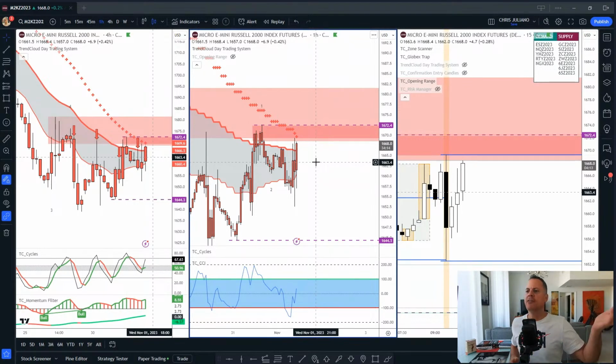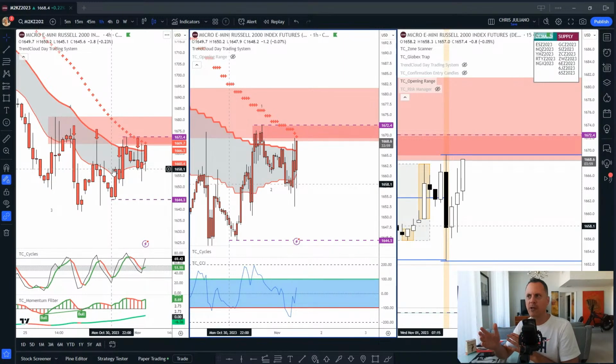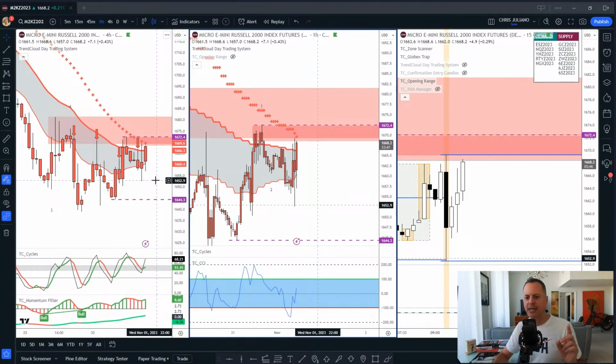Sometimes you want to look at that high time frame on the lower time frames, right? And why do we like to do this? Remember, the trend cloud is a series of moving averages. It's got that Elliott wave component also programmed into it. It's got confirmation entry component programmed into it, but it's not a level of supply and demand.